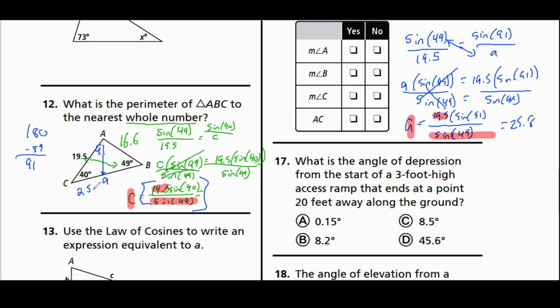So I'll put that down here. And now I can just add 25.8 plus 16.6 plus 19.5 equals 61.9. And that's going to round to 62. So the perimeter is 62.